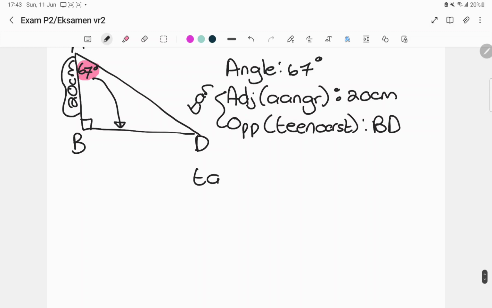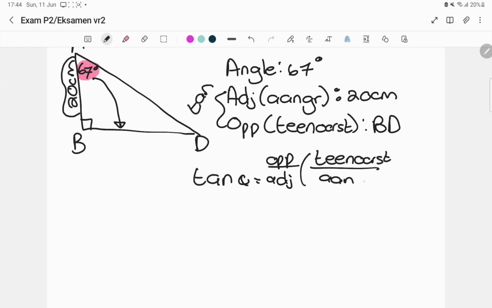So tan theta is equal to my opposite side over my adjacent side. If I substitute in what I have, I know my angle is 67, so it will be tan 67 degrees. My opposite side is BD, and my adjacent side is 20.